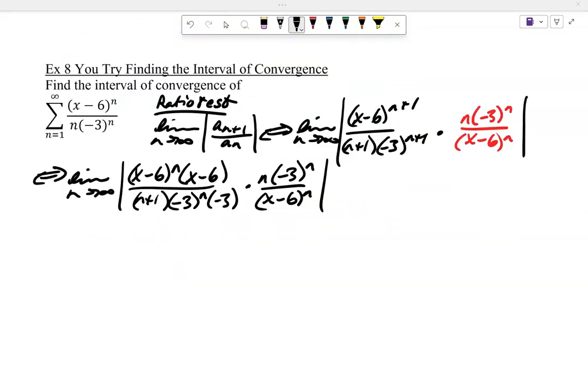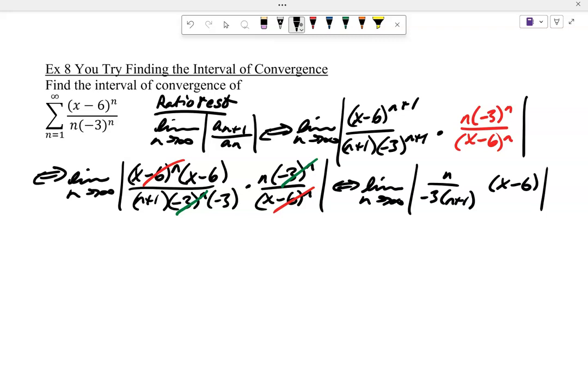Alright, I've applied the ratio test. I'm to the point of canceling my stuff now. I got x minus 6 to the n. Got -3 to the n. Looks like that's it. So we've got limit n goes to infinity. I've got n over -3, n plus 1. I've got an x minus 6. I'm going to write that as n goes to infinity.